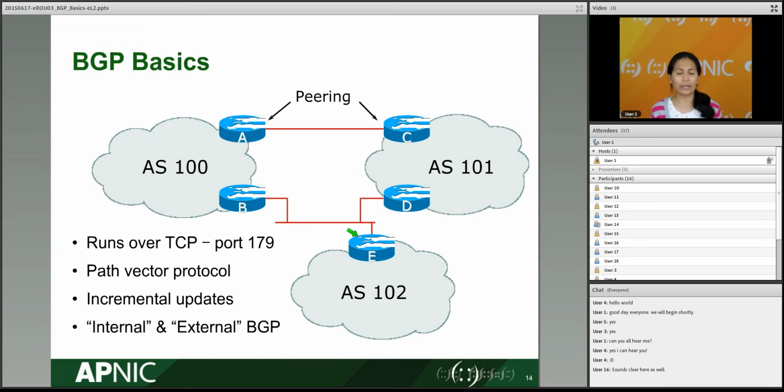So creating a BGP internetwork begins with designing your network. During that design, you assign one router to become the speaker. In this case, A and B are BGP speakers for AS 100, right?